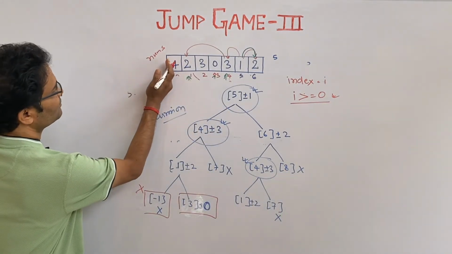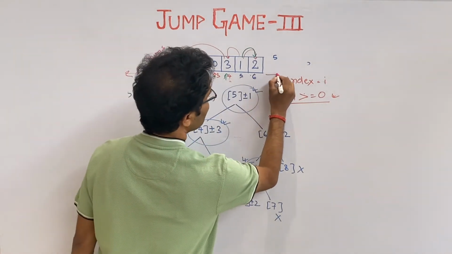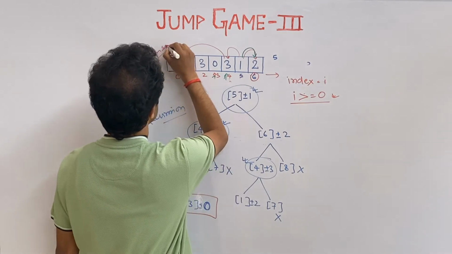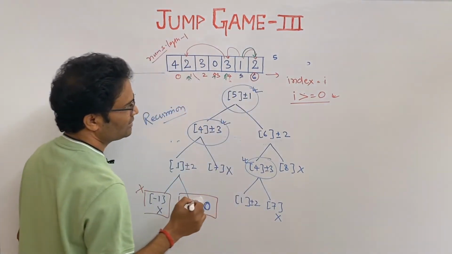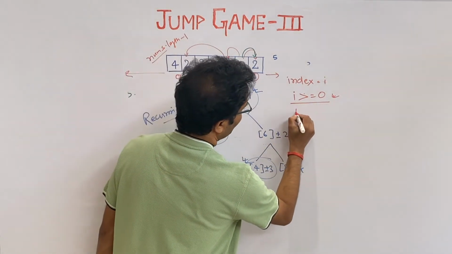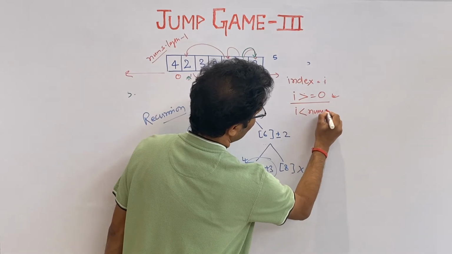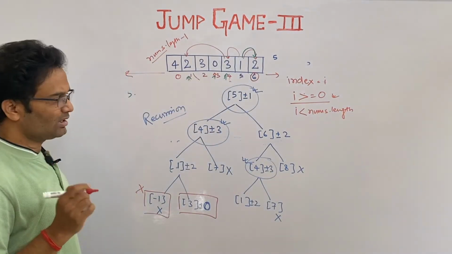You have not to visit from here, right? This is the 0 index. And also this side. And how do you get the 6? If you do nums length minus 1, you will get the 6, right? Or you can say I should always be less than the nums dot length. 2 conditions.